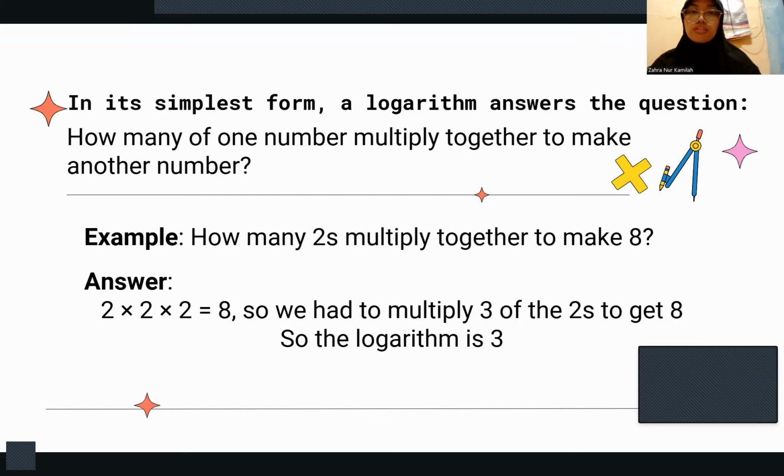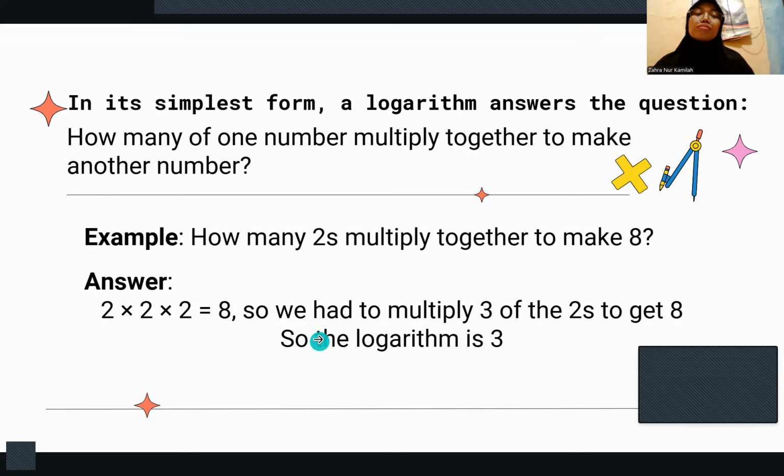Logarithms answer the question: how many of one number multiply together to make another number? For example, how many 2s multiply together to make 8? The answer is 3.